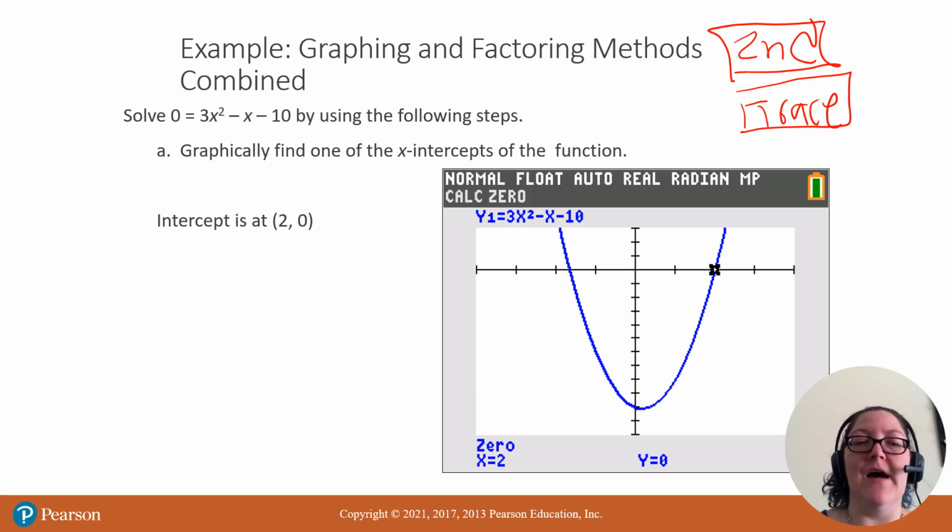So on that option, you're going to see a few different options. And one of the very first ones that you see is value. We don't care about the value. We want to know specifically where the x-intercept is. Now, on your calculator, it doesn't actually call it x-intercept. It gives it a different name. It calls it 0. Okay?